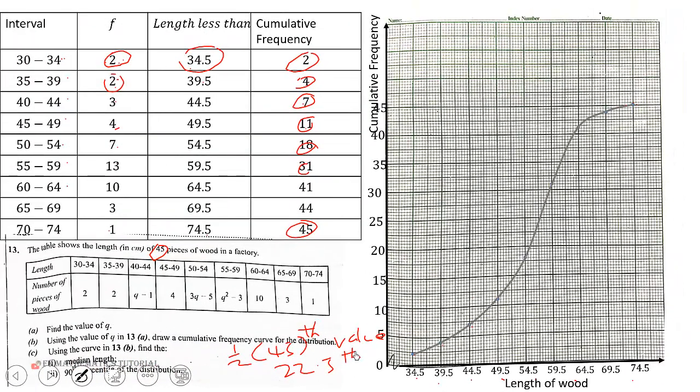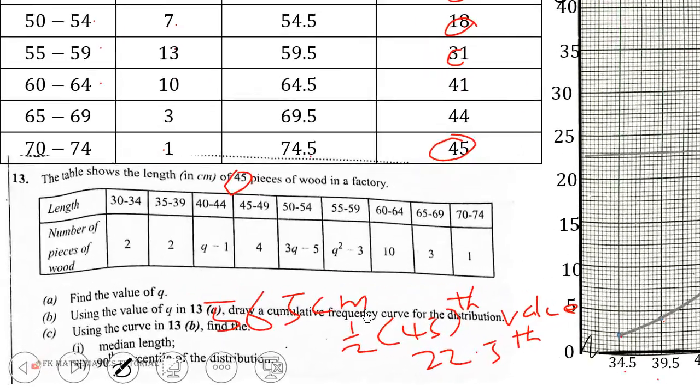So you go to the graph and trace that, and that will give us, since each box here is 0.5, because from here to here is 5, so each box is 0.5. So 4 boxes is 2, add it to 54.5, and that will give you 56.5. So the median length is approximately 56.5 centimeters.